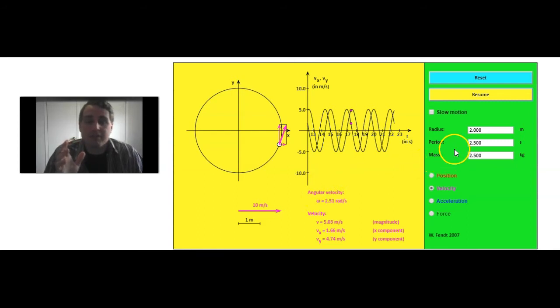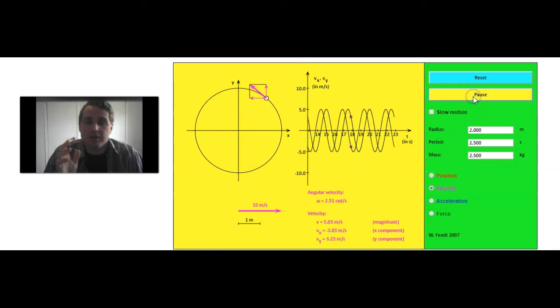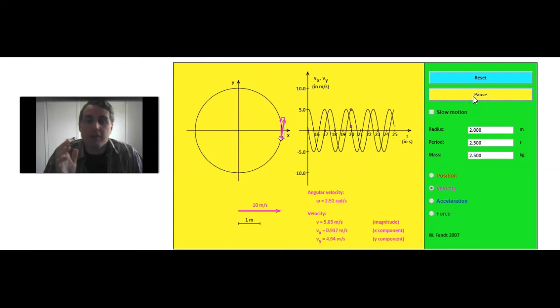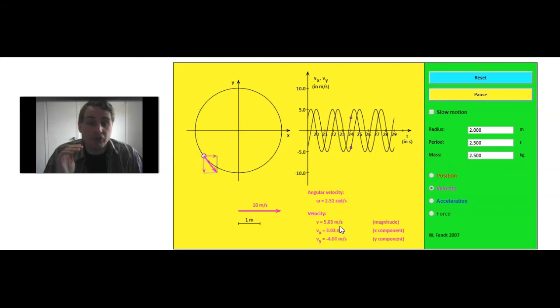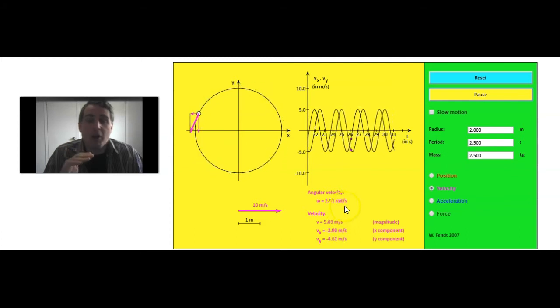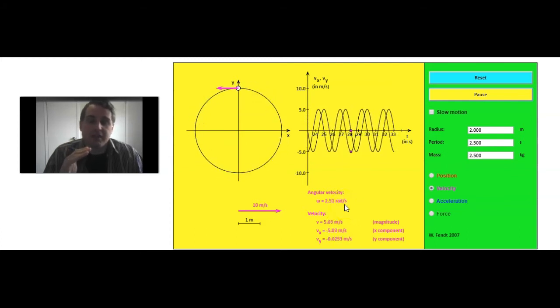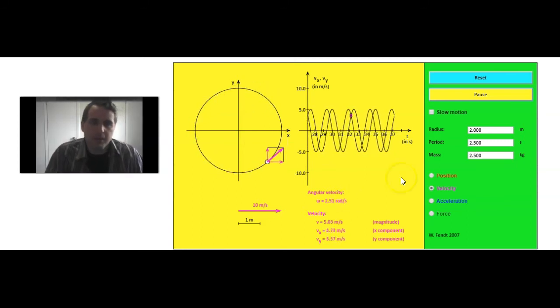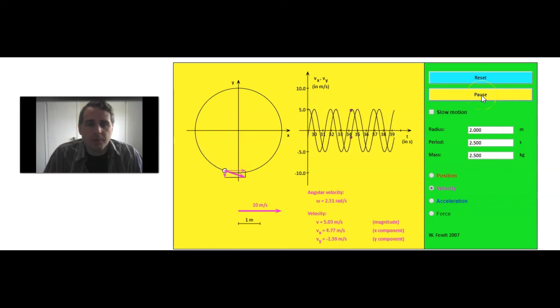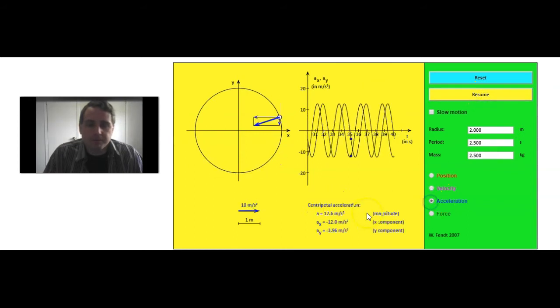The time is half as long. So that's exactly what we mean by we doubled the linear velocity, which we call the tangential velocity, and we also doubled the angular velocity, which we call the rotational velocity. All right. So let's pause, and now let's go to acceleration.